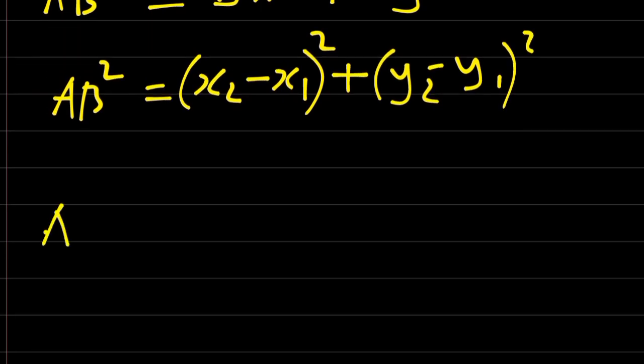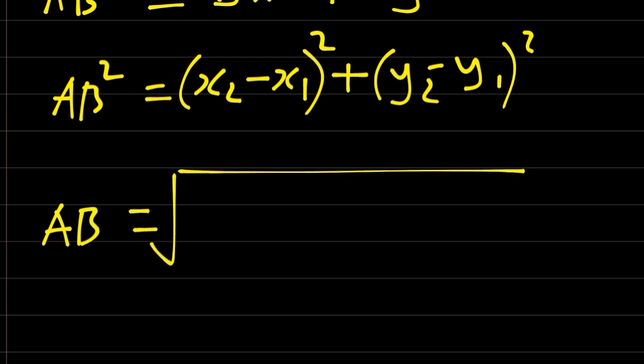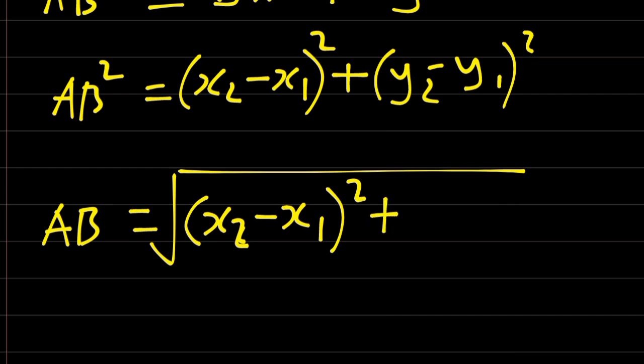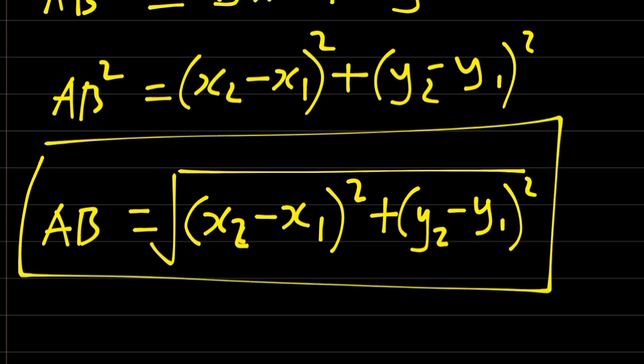That means distance AB is equal to the square root of x2 minus x1 squared, then plus y2 minus y1 all squared. So this becomes the formula for calculating the distance between 2 points.